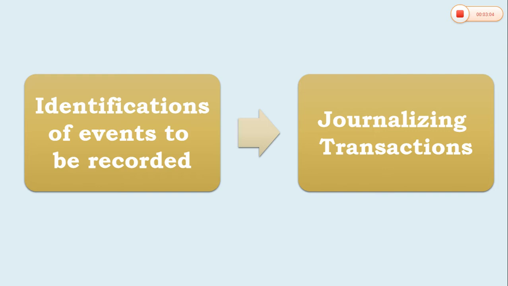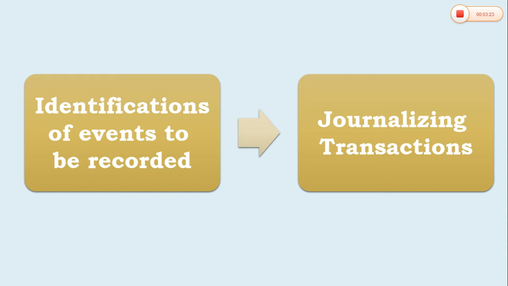Therefore, it couldn't be considered a financial transaction, and therefore it cannot be journalized since no finances are involved in that transaction. Right? So, that's one example of a transaction that is not considered financial.